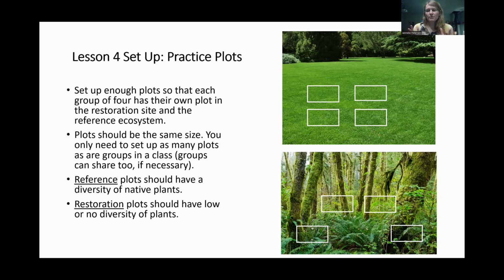The goal with this investigation is that they see that there's a higher diversity of native plants in the reference plot than the restoration plot. So you want to do everything you can to set them up for that discovery. And for your reference plots, again, try to encompass as many natives as you can, in your reference ecosystem where you did Each to Teach To.